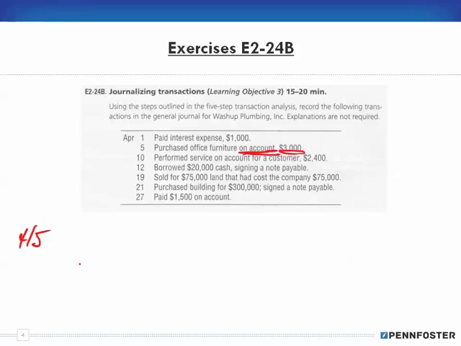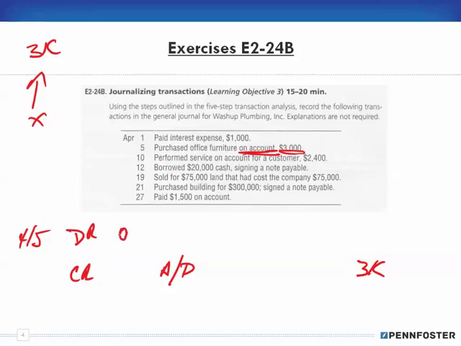And since my accounts payable amount is here, and I'm increasing my accounts payable by $3,000, that means I'm increasing the payable, and I do that on the credit side. So I have a credit to accounts payable for $3,000, and then I have to debit something else because debits have to equal credits. What am I purchasing?